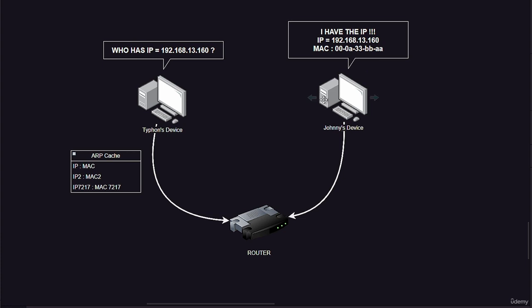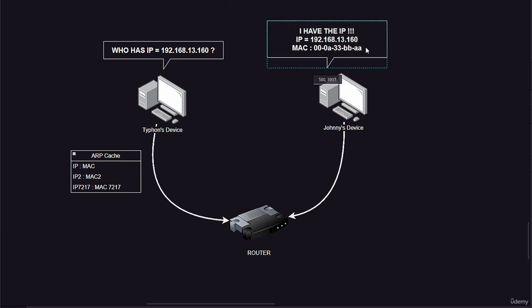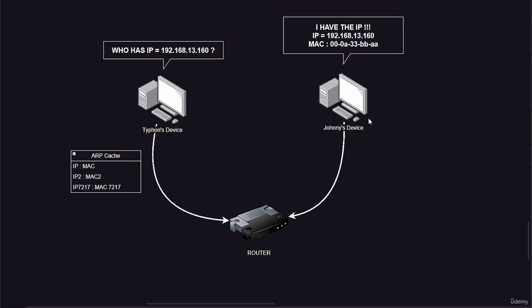The devices that are not Johnny's device will ignore this request, while Johnny's device will give a reply with the corresponding MAC address. This way, Tayfun's device will get to know the MAC address of Johnny's device. Once both devices get to know each other, the communication between them can follow.